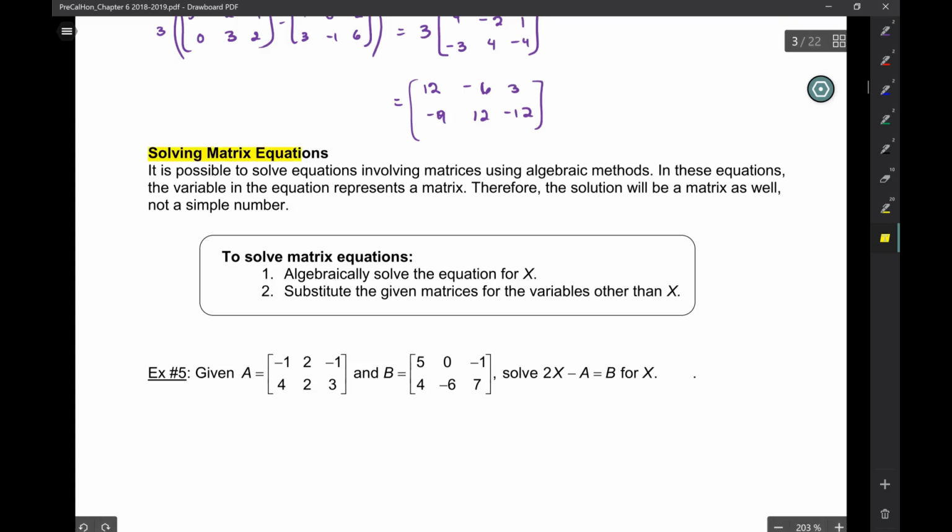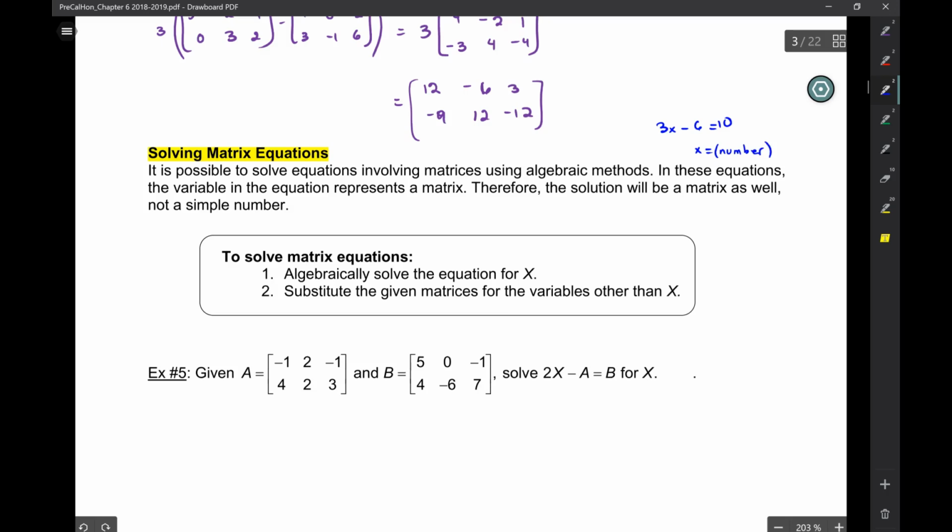Okay. Solving matrix equations. You can solve equations with matrices just like you could solve equations with numbers, except if I'm dealing with numbers, 3x minus 6 equals, whatever, 10, then when I solve for x, x will be a number, right?